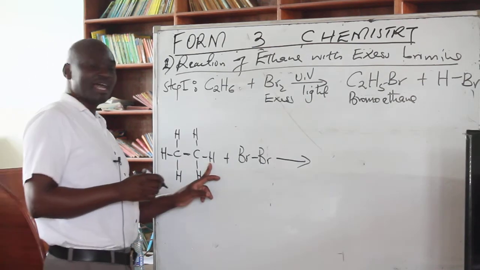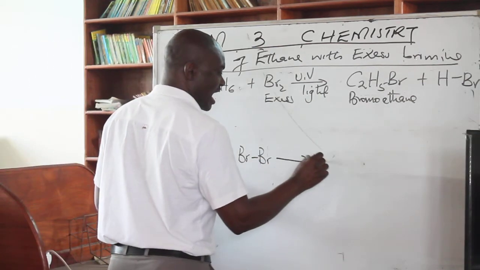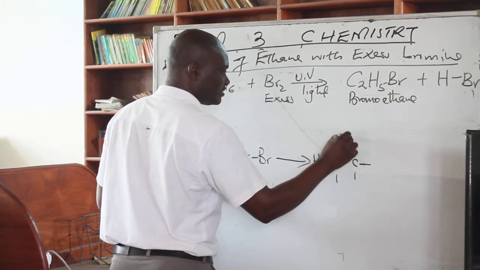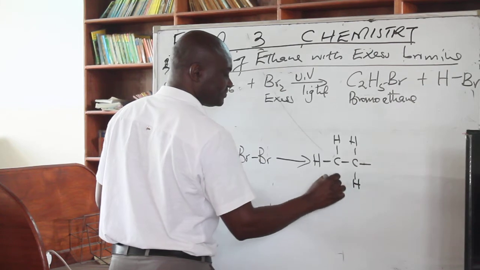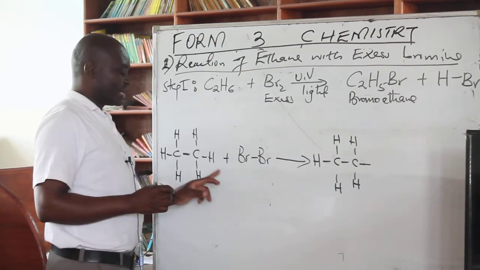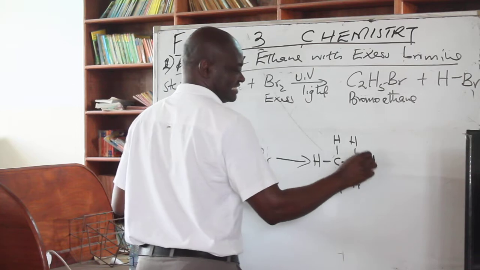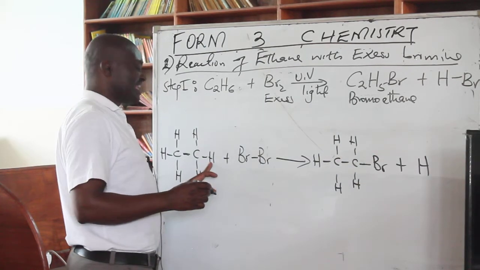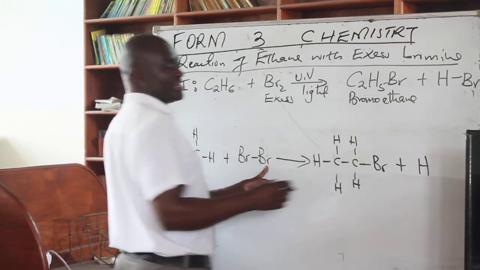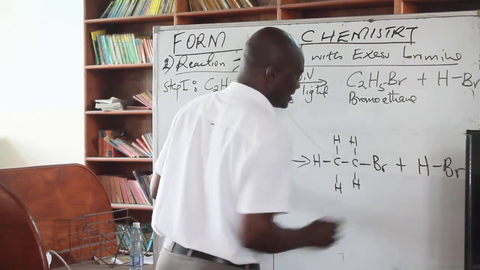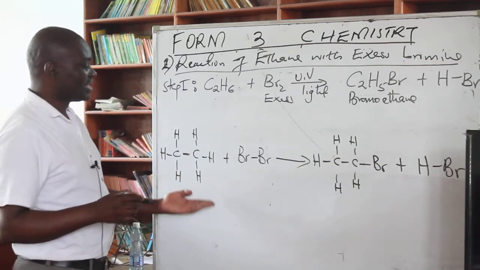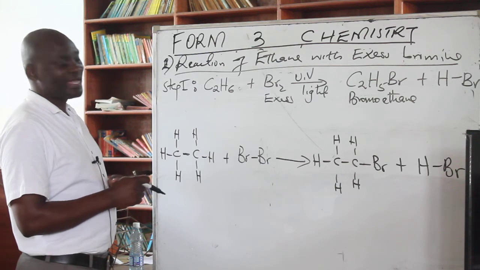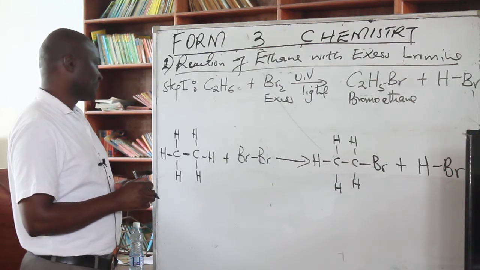One bromine will come here, so that we will have this one remaining intact. Now bromine will come and substitute hydrogen. Then this hydrogen will combine with the second bromine to give hydrogen bromide. So this one is in terms of the open structure.